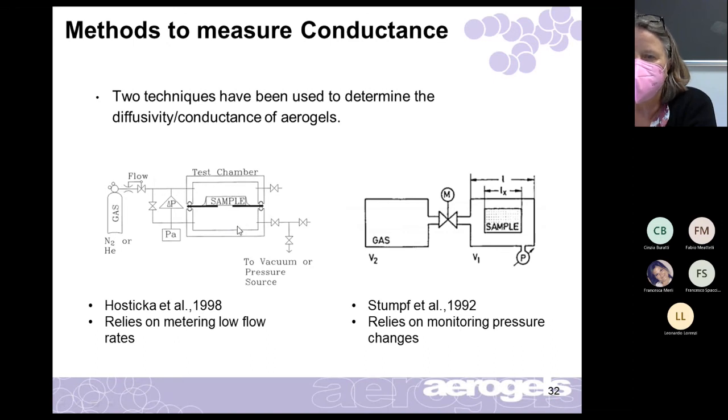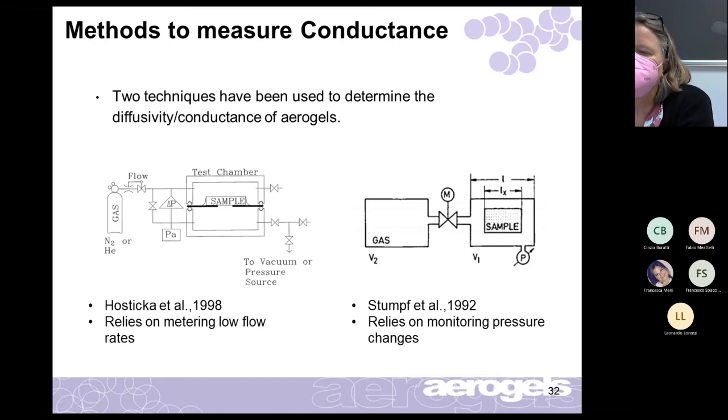You measure how much flow is going through, and you measure the pressure difference. Then you can calculate the conductance. This technique is difficult because, I know, because we built something to do this, it's very hard to seal that sample. This technique is also difficult because it's difficult to measure the low flow rates.